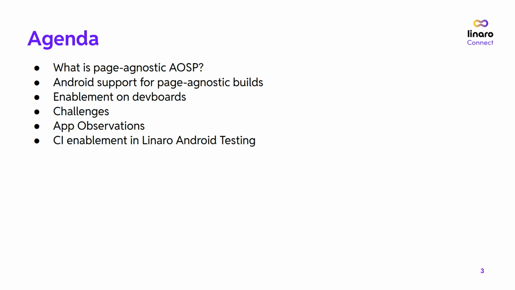We did a test run of some top rated Android apps, and I'll talk about the runtime status of those apps for their 16K readiness. These apps are downloaded from open app stores like F-Droid, and some have been downloaded directly from developer websites. And finally, I'll talk about the status of testing of 16K AOSP builds in Linaro.